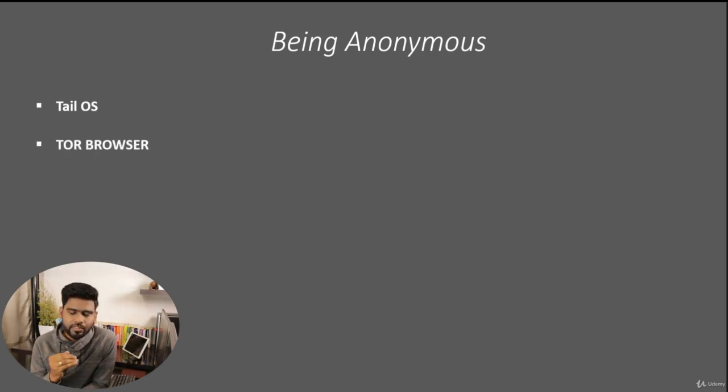Next, it's Tor browser. We have talked about the risk related to your browsing activity. Tor browser is something we'll make use of when we try to see what all is there on the dark web, right? And we are going to learn this for educational purposes. Why do I say that? Because this is very important.